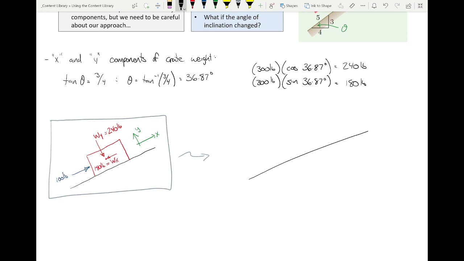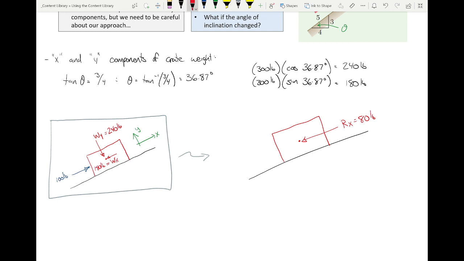So let's look at the x direction. Let's look at the x direction. So I have 180 pounds going down the slope and only 100 pounds going up the slope. So I propose that if I was trying to find the resultant of forces acting on the crate, the resultant force Rx is 80 pounds.